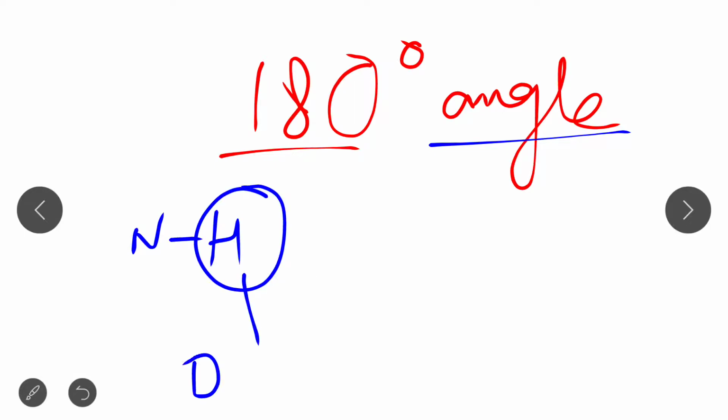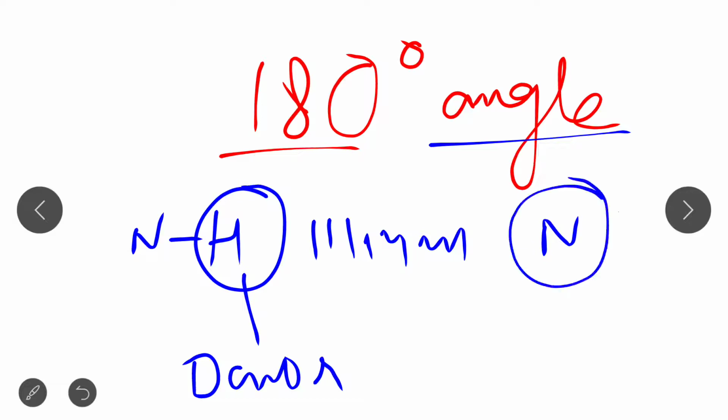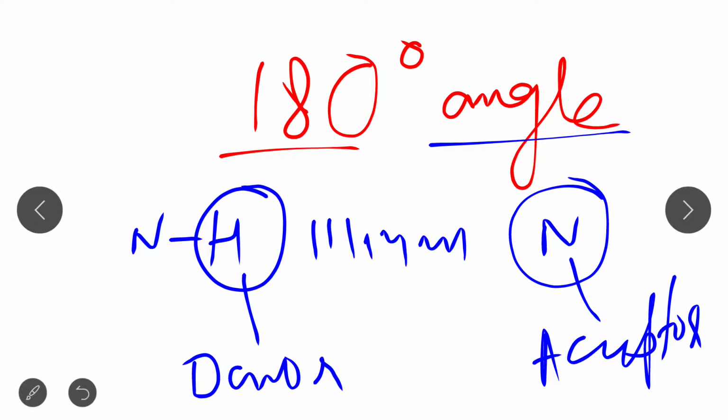This is a donor molecule, because this molecule can donate the hydrogen. Another molecule does not contain the hydrogen, so this is an acceptor molecule. Hydrogen bonding occurs between the donor and the acceptor molecule, that is, the molecule that can donate hydrogen to the acceptor molecule. The hydrogen bond forms when the angle between these two molecules is 180 degree.